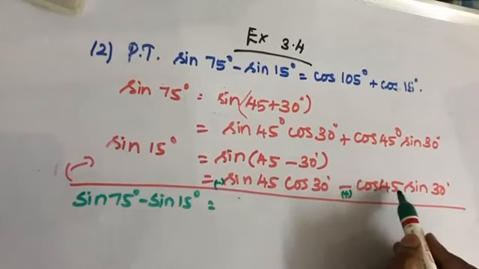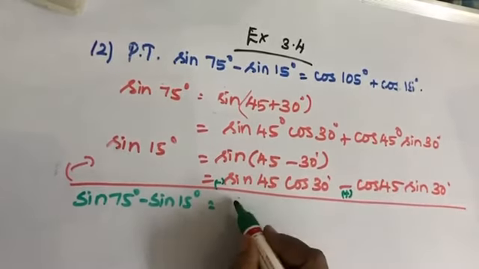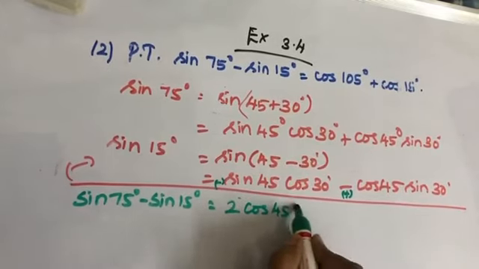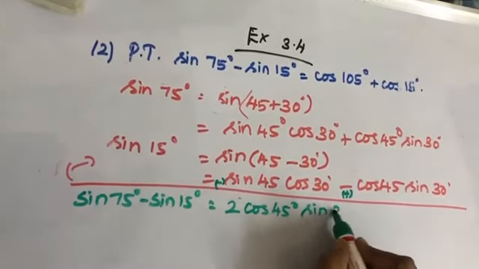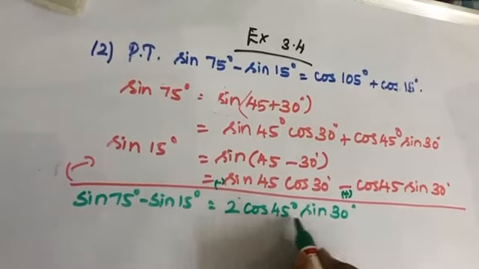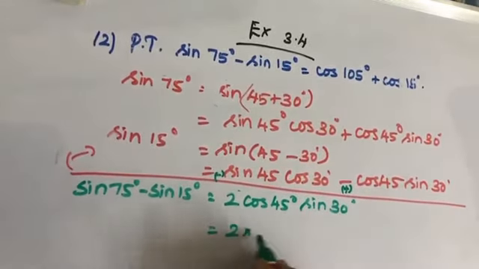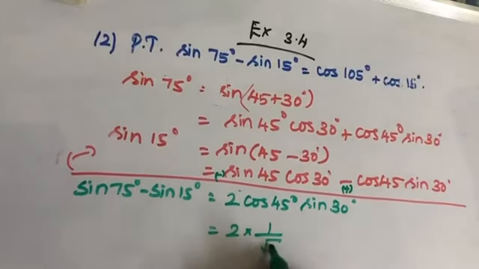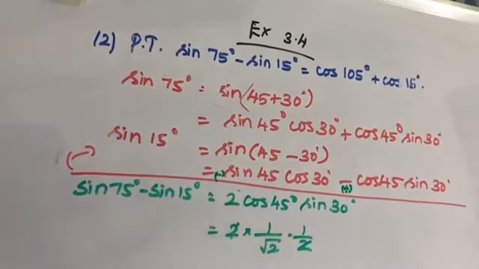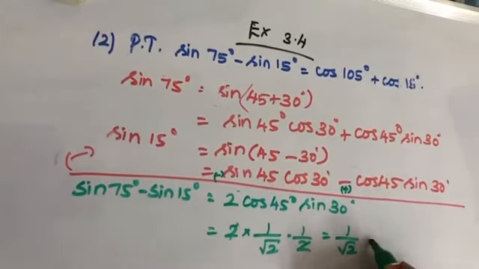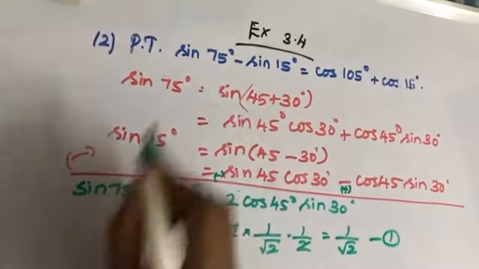So it is 2 cos 45 degree sin 30. We know the value for cos 45 and sin 30: 2 into 1 by root 2 into 1 by 2. 2 and 2 will get cancelled, and that is equal to 1 by root 2. This is our left hand side.